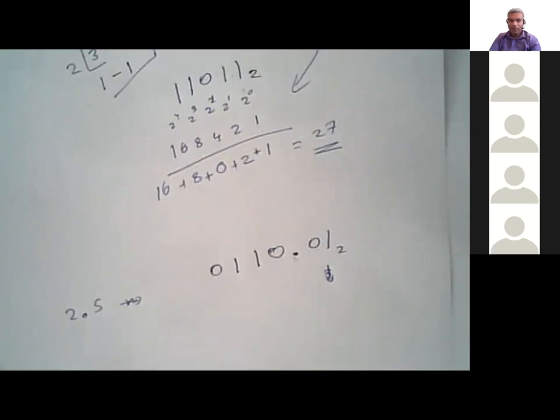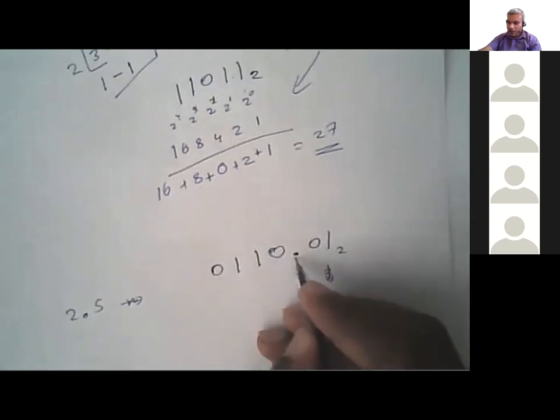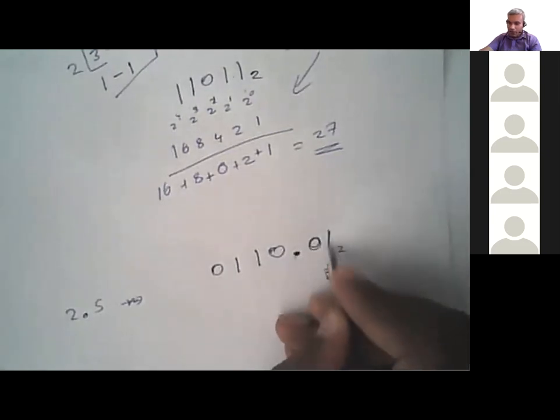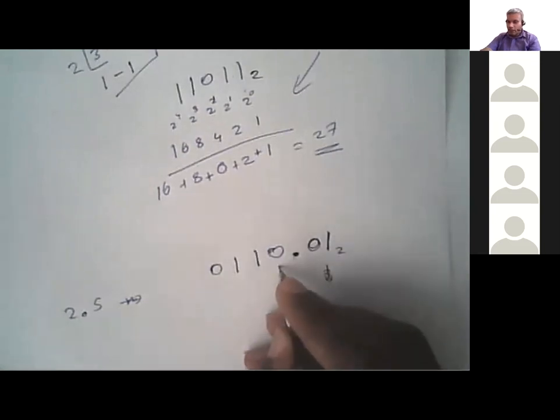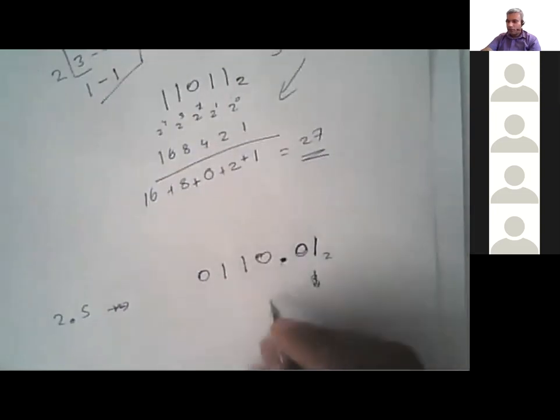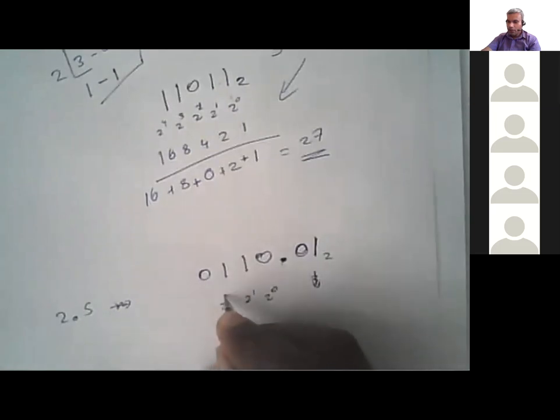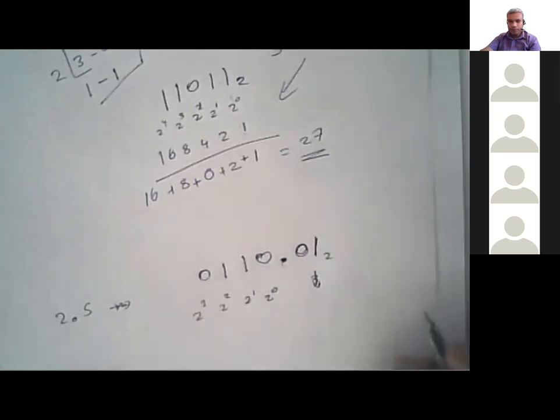Okay, good. Some people have converted, some people are still a bit confused. Remember, after the radix point, there's a 0 and a 1. So it's done in the same way. For the integer part, use the same thing: 2 to the power 0, 2 to the power 1, 2 to the power 2, and 2 to the power 3.